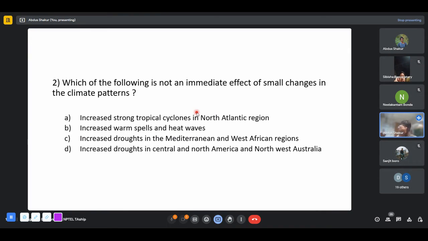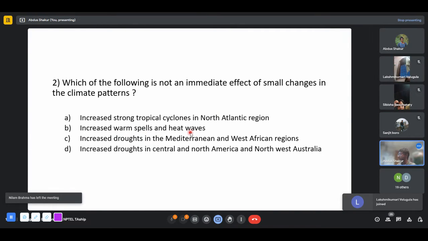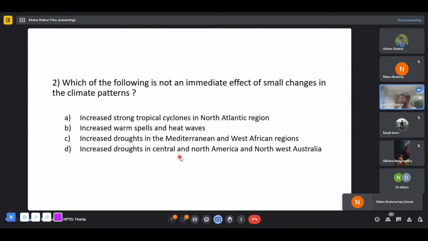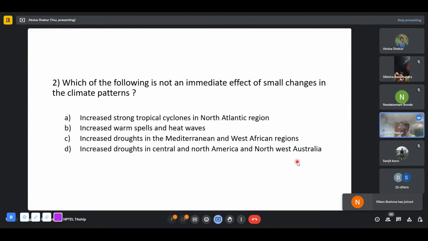It says that there is a likelihood of increasing intensity of the cyclones in the North Atlantic region. Increased warm spells and heat waves. Increased drought in Mediterranean and West African regions. Increased droughts in Central and North America and Northwest Australia. So it's not an immediate effect. They are trying to refer to the long term.